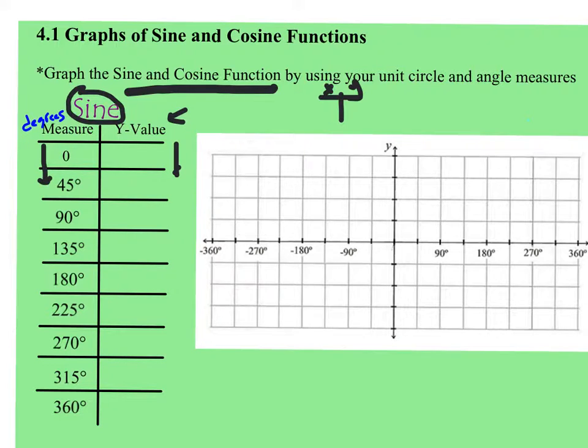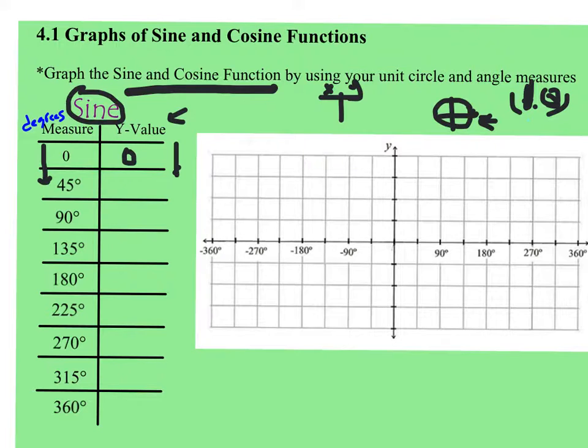If you're thinking about the unit circle, and you think about your starting spot, which is the ordered pair (1, 0), you end up having a sine value of 0 when your degree measure is 0. We'll get to radians in a moment.